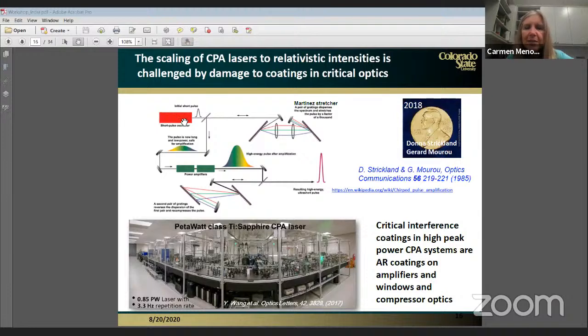We start with a seed, which is low energy and probably 50 femtosecond pulse duration. Then we go through an expander that will expand the pulse. We do this with gratings.